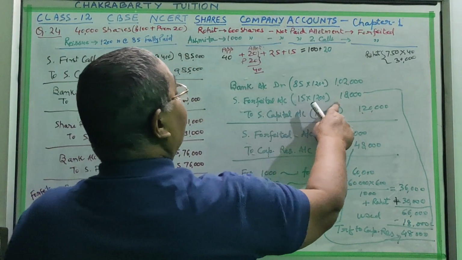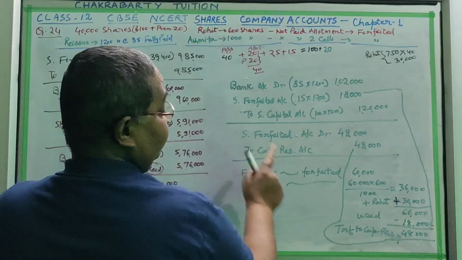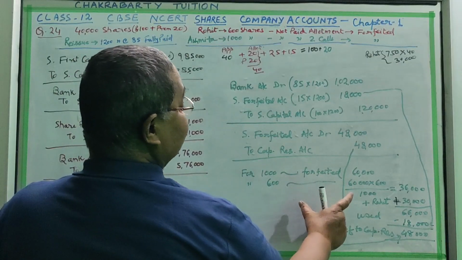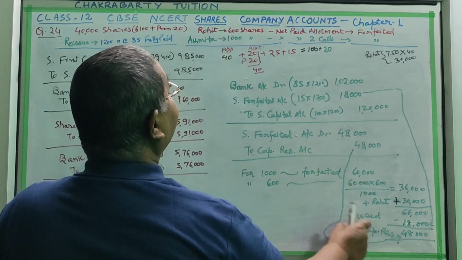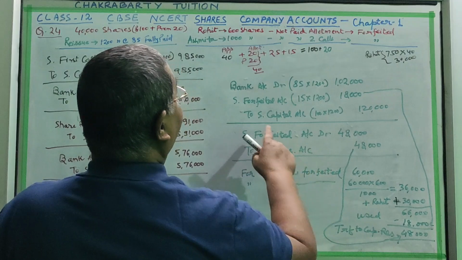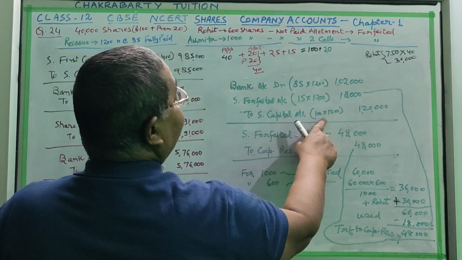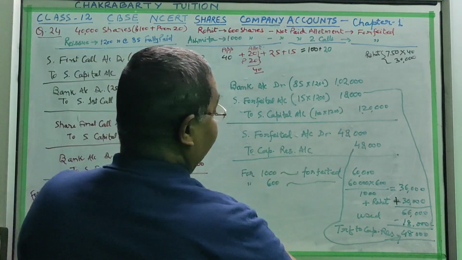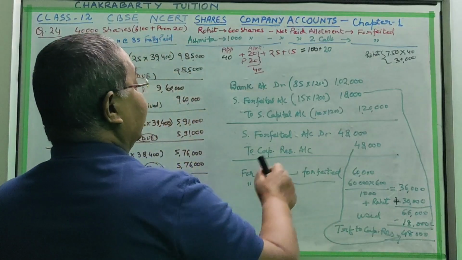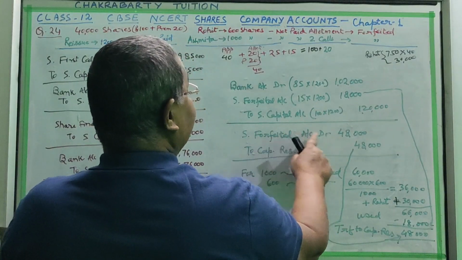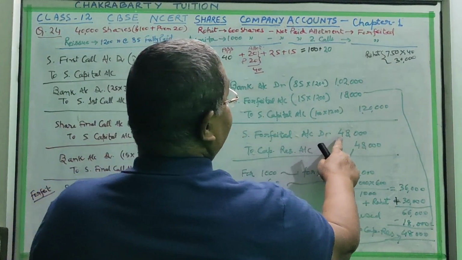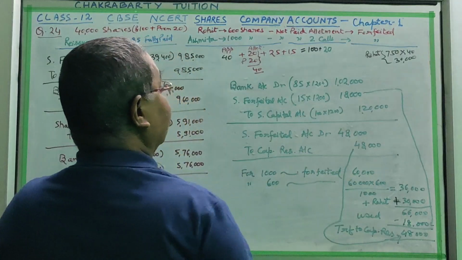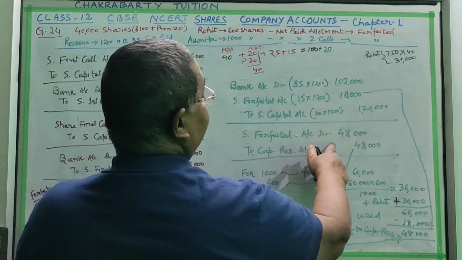Now this amount will be utilized from the share forfeited account. How much is available, that calculation we will make later. So the capital account will be calculated with 100 into 1,200. Now we see we have to pass the last entry: share forfeited account debit to capital reserve. This is the transfer entry of the unutilized forfeited amount.